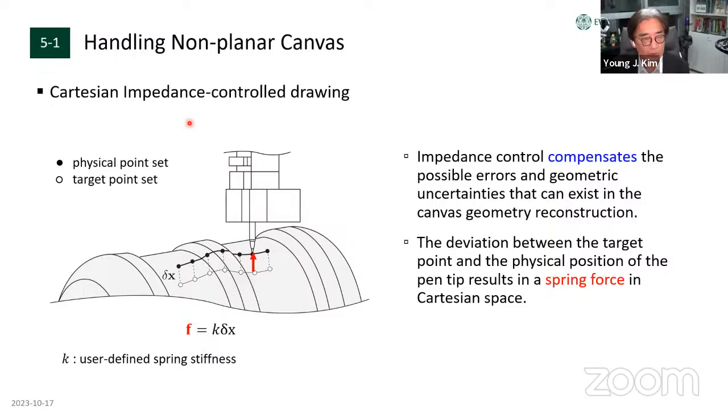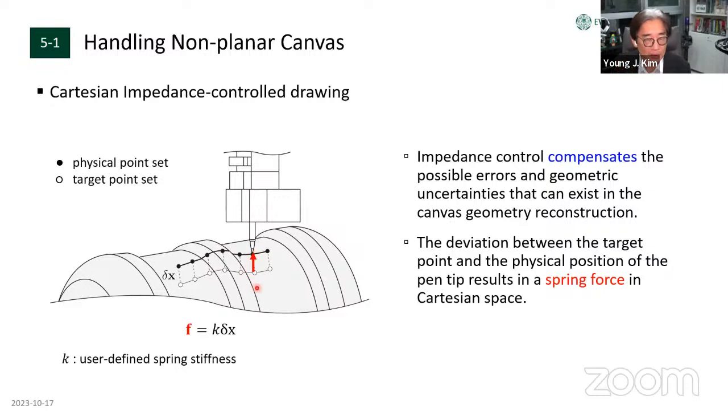In brief, with impedance control, we allow compliance or flexibility in certain directions, but we restrict the compliance in other directions. In our case, we allow compliance on the approaching direction, but we do not allow much compliance on other directions.